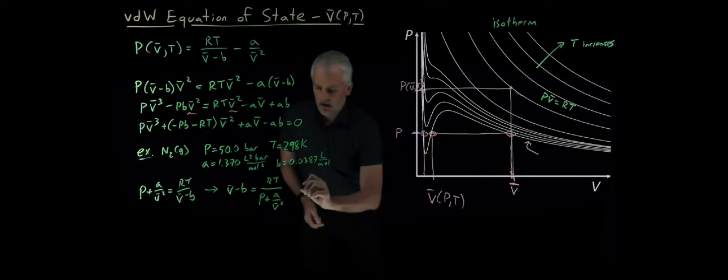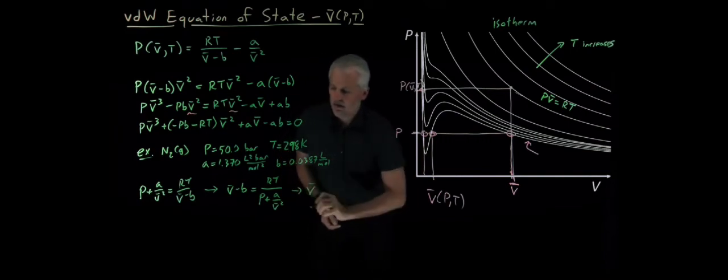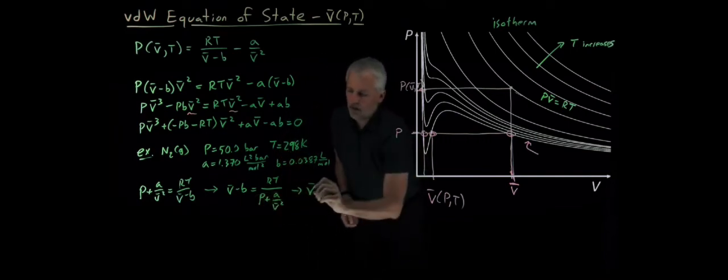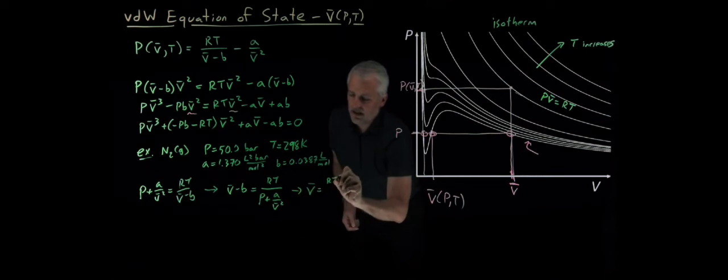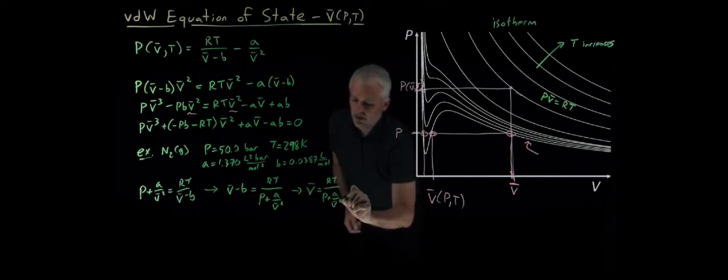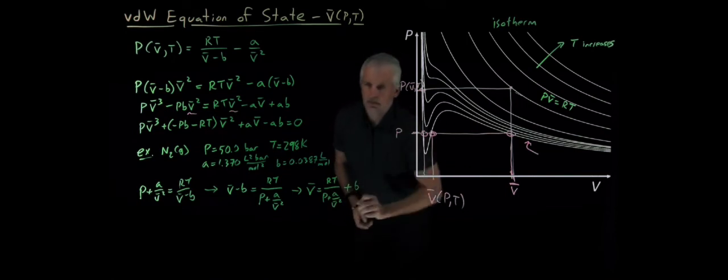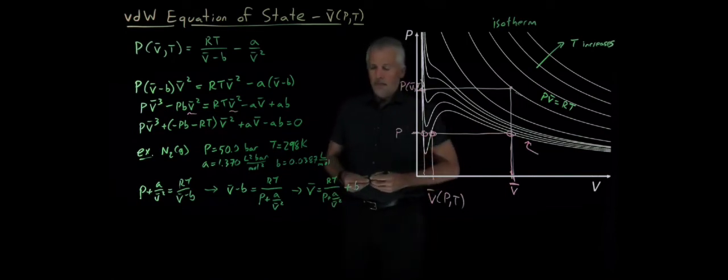Or V bar, if I move the B now over to the right-hand side, is RT over P plus A over V bar squared, all plus a constant B.